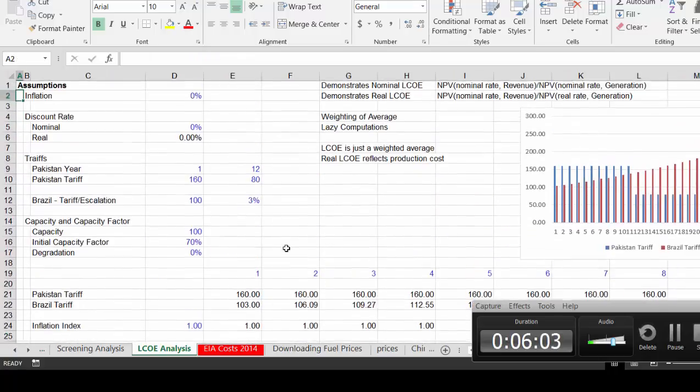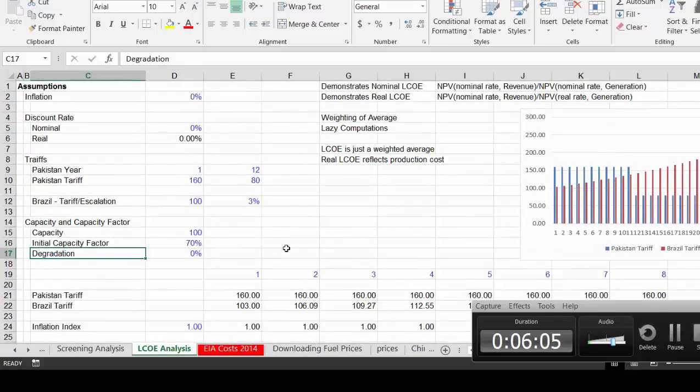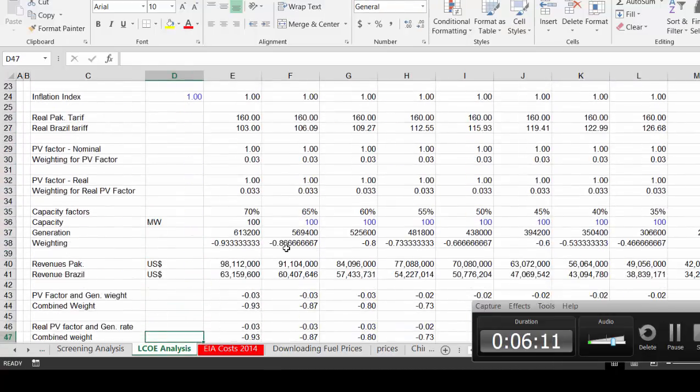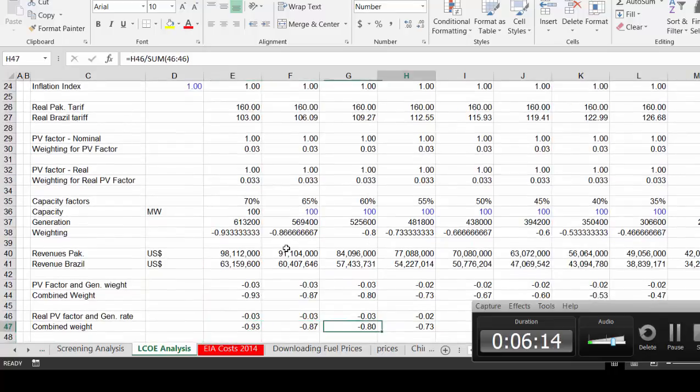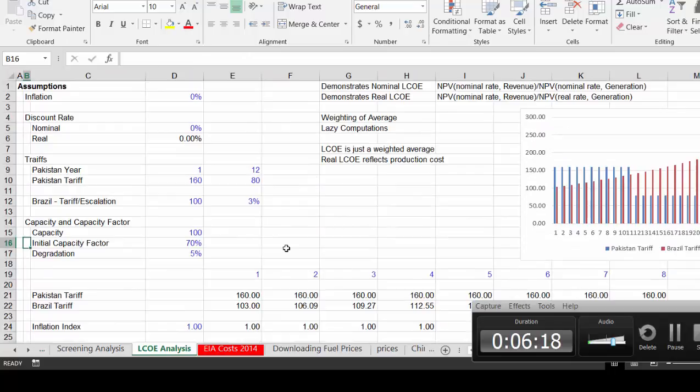Now, if we make a degradation on the capacity, so we make a 5% degradation, which is extreme, I hope the capacity factor doesn't go negative. That's too extreme. Let's make it 2%. Okay, 3%. I hope that's okay.